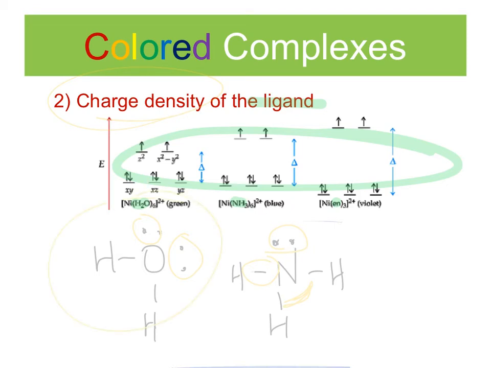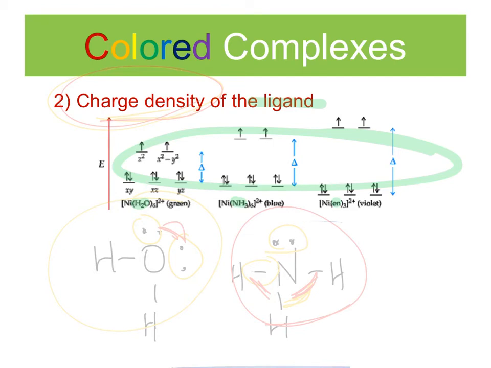When we have a lot of repulsion, that means these electrons are going to spread out. So when you have a higher charge density, that would mean that they are closer together. The higher charge density is happening in the ammonia because you have more bonded to bonded repulsion, which is weaker than the non-bonded repulsion happening in the water.